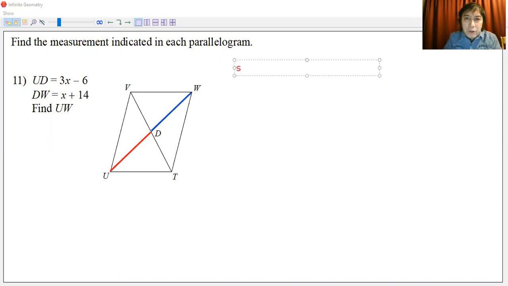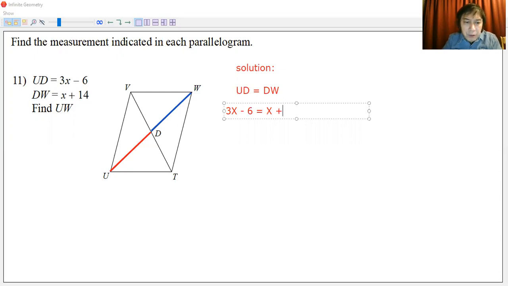So in our solution, UD must be equal to DW. We shall use the expressions: 3x minus 6 must be equal to x plus 14.